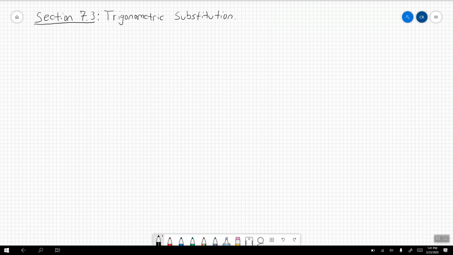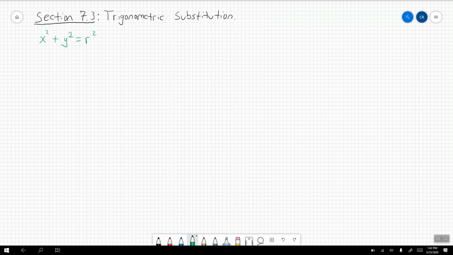Now, when we look at trigonometric substitution, one of the key details that we want to focus on is working with the equation of any circle centered at 0, 0 with any given radius. So really quickly here, I'm just going to write down x squared plus y squared is equal to r squared.